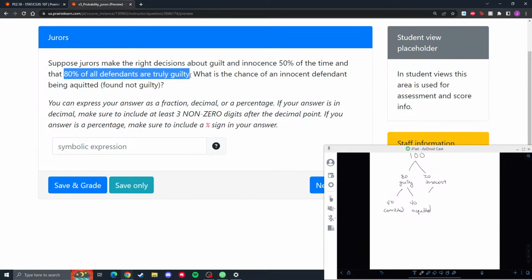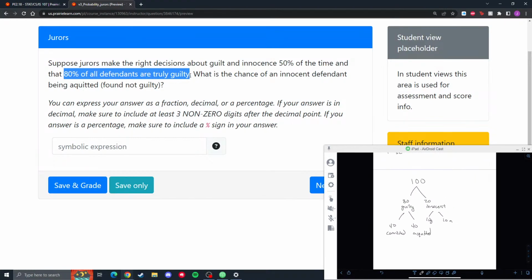And we're going to do the same thing over here. So 10 convicted and 10 acquitted. What I always try to do on the exams is do it the easiest way possible. So I would always recommend this tree version, because you do have paper and a calculator when you take the exam.